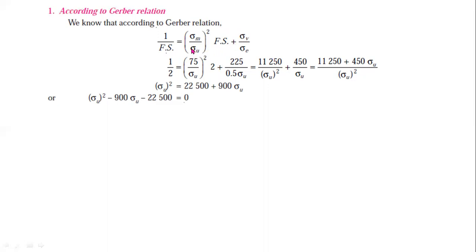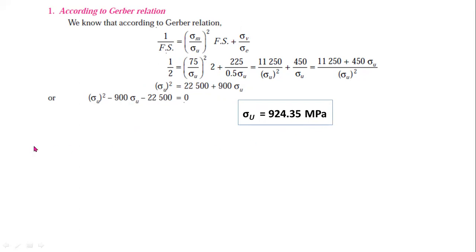We have to find sigma u, fs is given as 2, and sigma e is 0.5 times the ultimate stress. From this equation, sigma u equal to 924.35 megapascal. This is the final value for ultimate stress according to Gerber method.